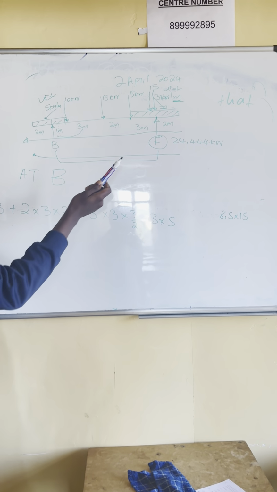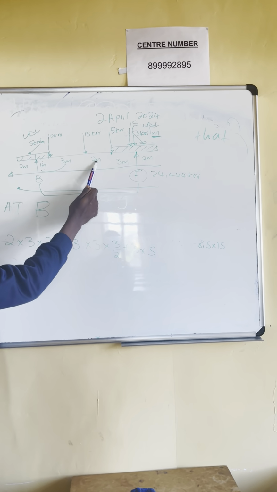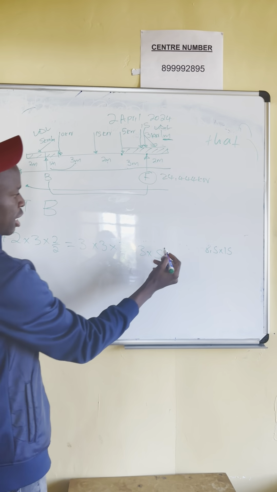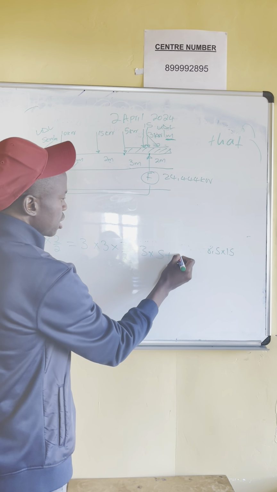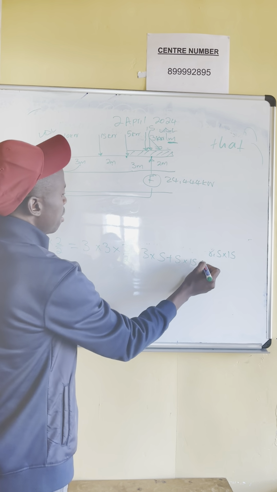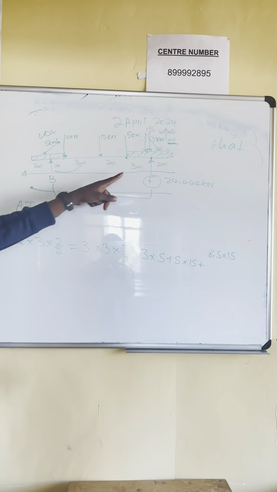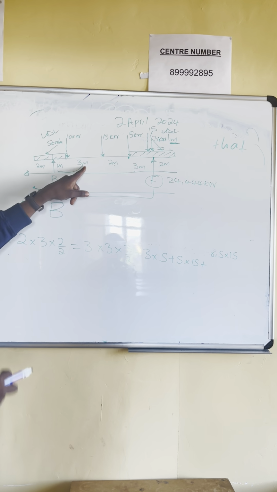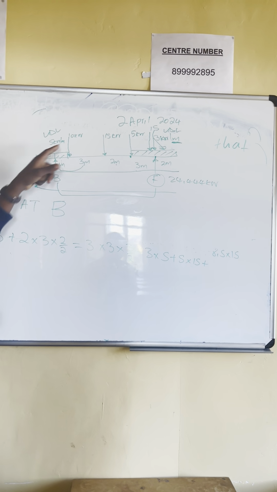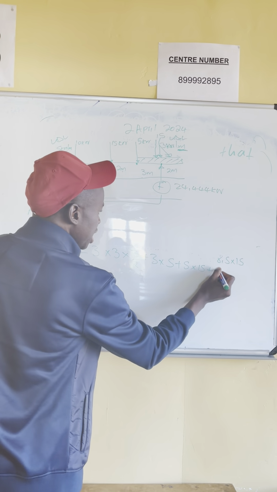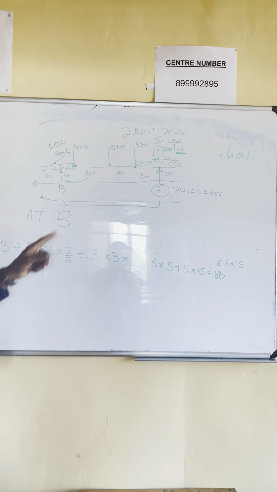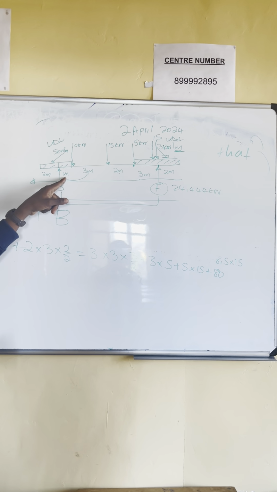And then that is how we count. 3 plus 2 is 5. 5 times 15, that is how we count, 5 times 15 plus. You say 3, 2, which is 5, and 3, which is 8. 8 times 10. And then 8, 9.